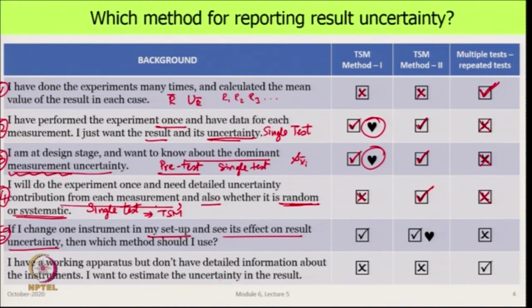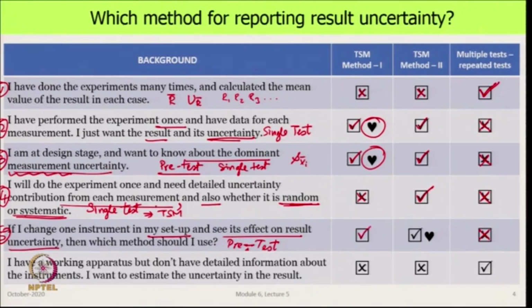So, you are doing the experiment once, or it could be a pre-test case also, where you are deciding that if instead of this instrument I use this instrument, what will happen. So, it could be a pre-test case. The multiple test option is gone, it does not give us a breakup.